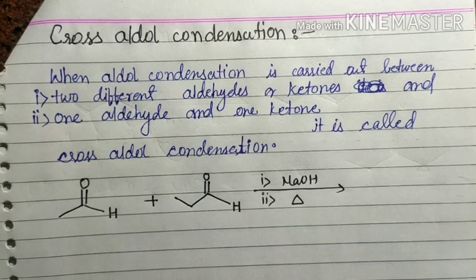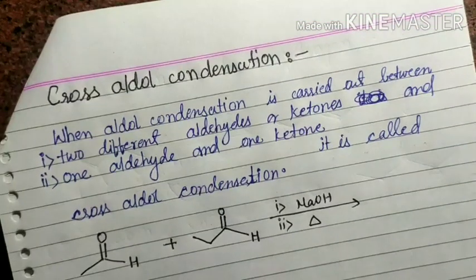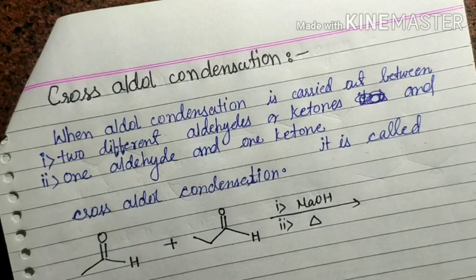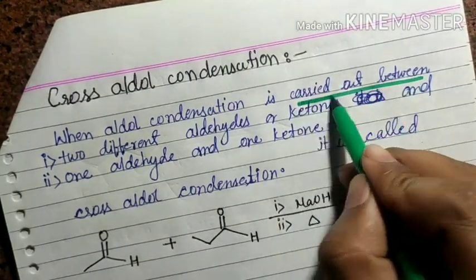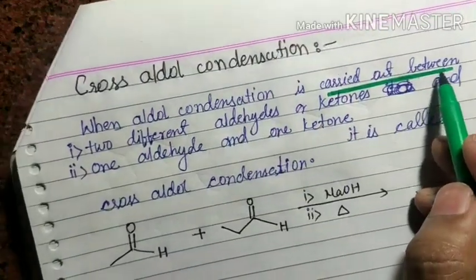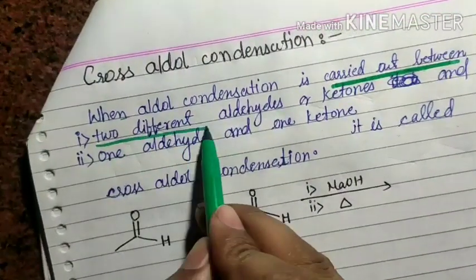Now the cross aldol is just similar to the aldol reaction. There is nothing much different from the other one. In cross aldol condensation, the important situation is that the aldol condensation is carried out between two different aldehydes.